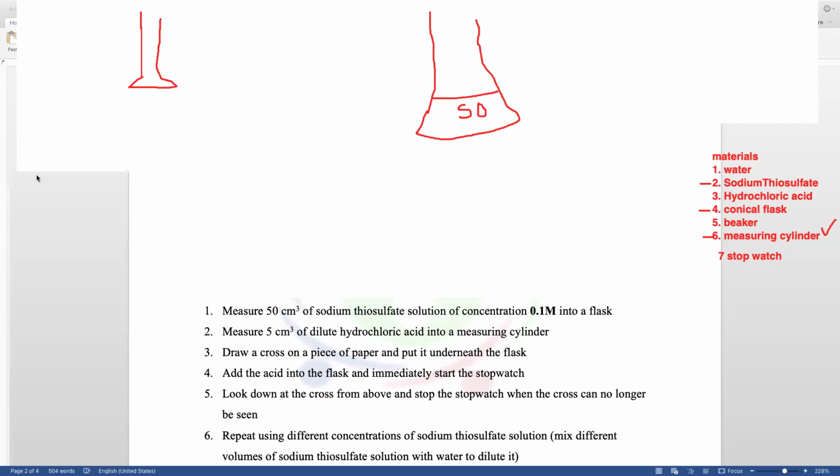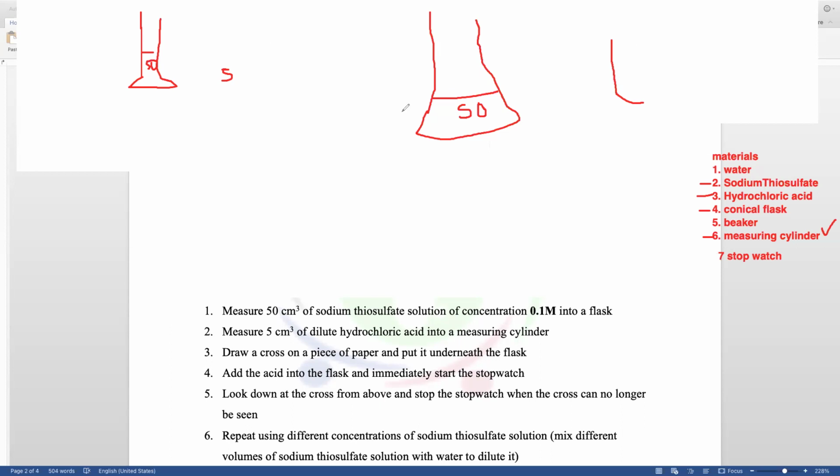Then after that, you use another measuring cylinder to measure hydrochloric acid. How much of it? This time around, the sodium thiosulfate was 50, but for HCl, we're going to use the small cylinder to measure just 5 cubic centimeters. So when we do this, we need to prepare a plain paper.